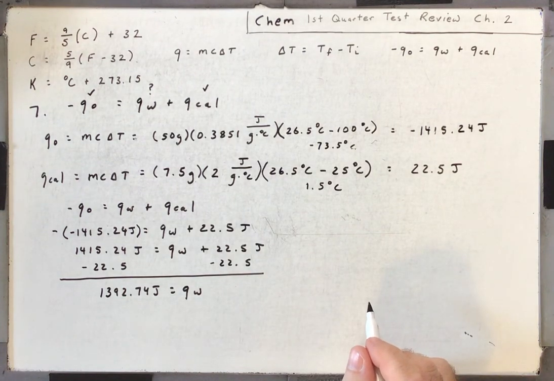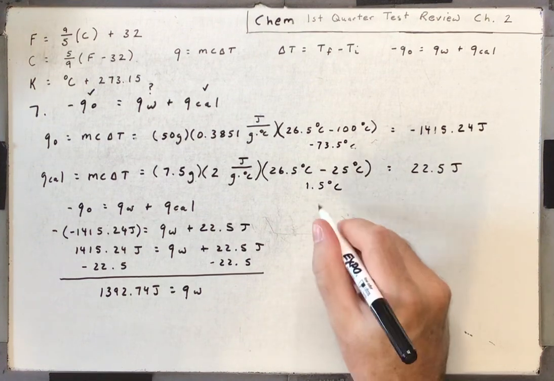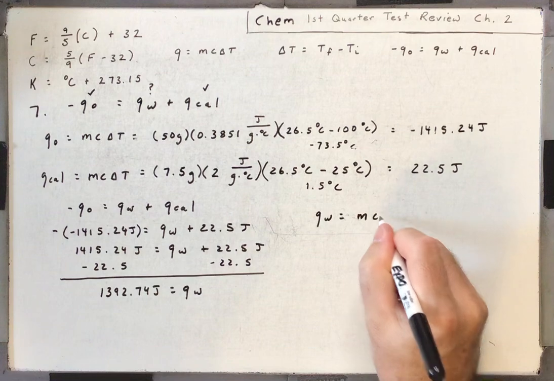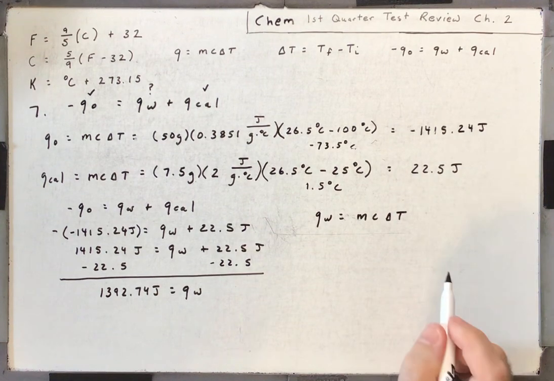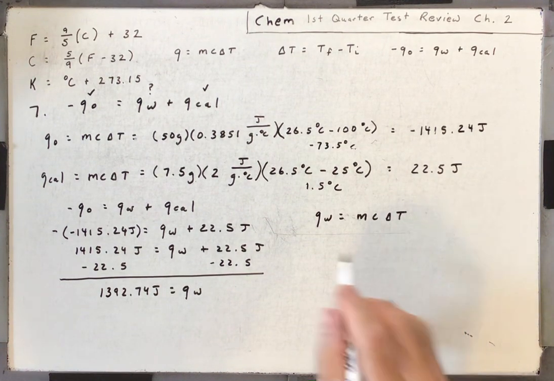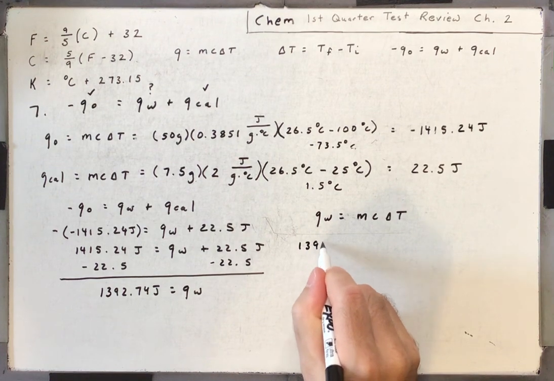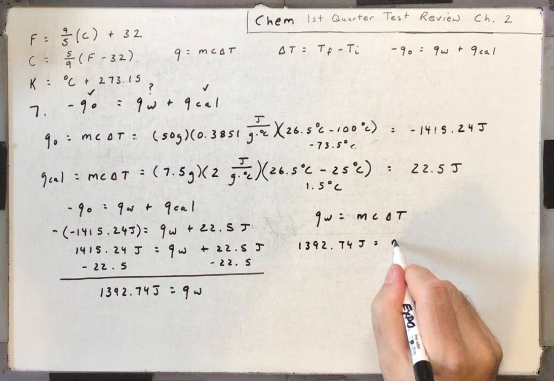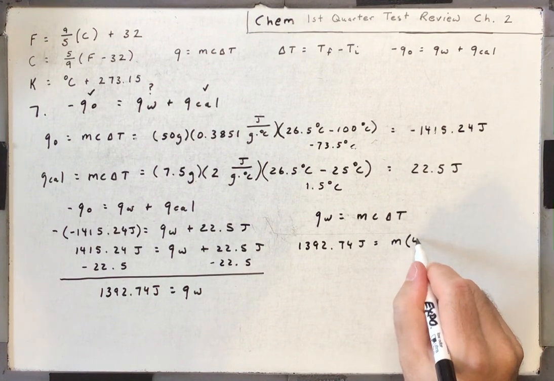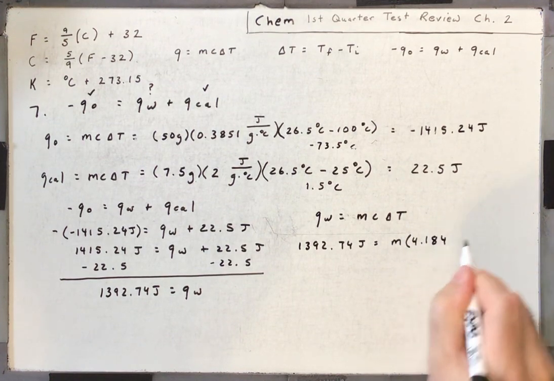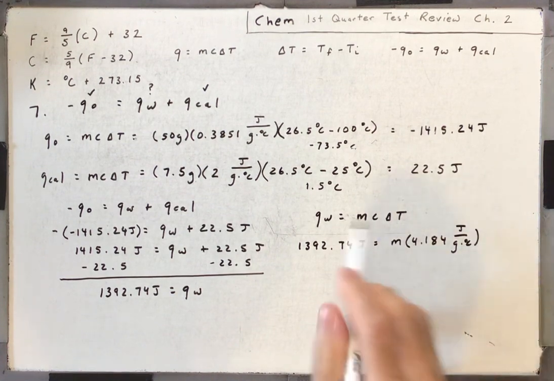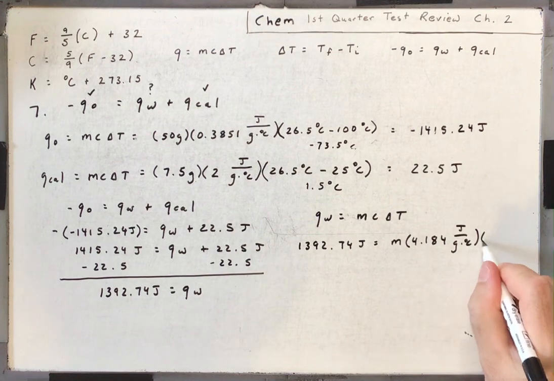So now we can plug in the Q of the water is equal to mc delta T. So 1392.74 is equal to the mass of the water, which we don't know, times the specific heat, which is 4.184, and then delta T is the same as the calorimeter, that's 1.5.